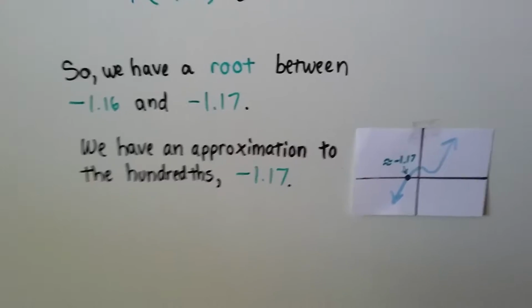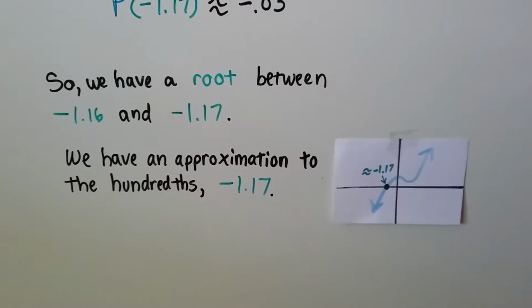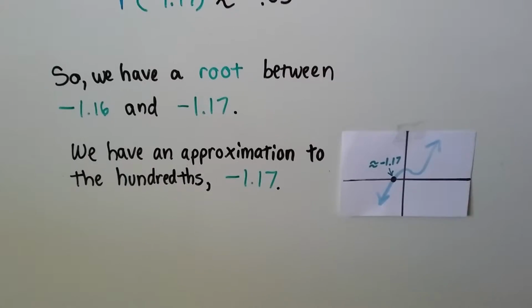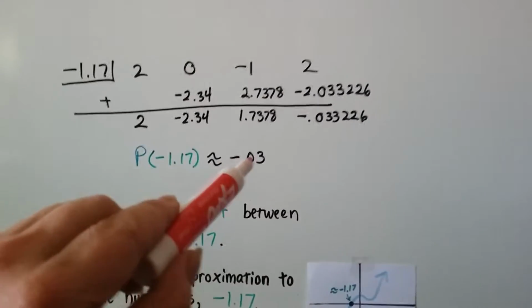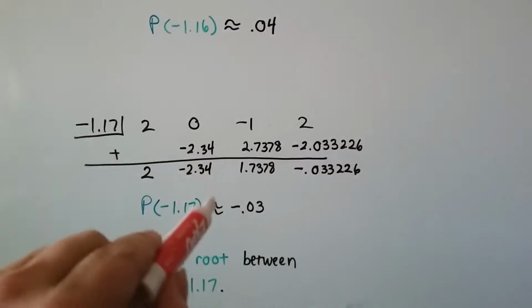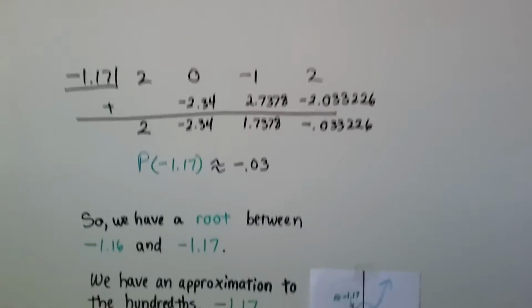And we have an approximation to the hundredths. So I'd say it's about negative 1.17, all right? Because negative 0.03 is closer to 0 than 0.04, isn't it?